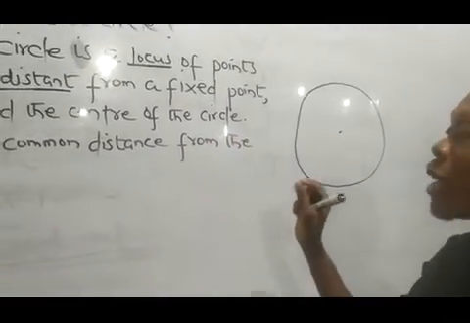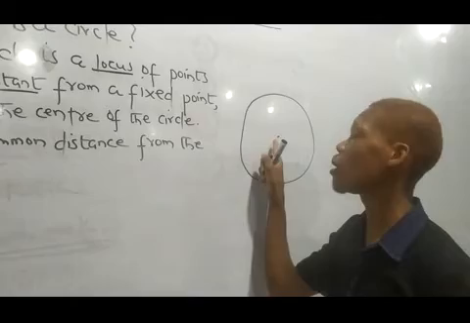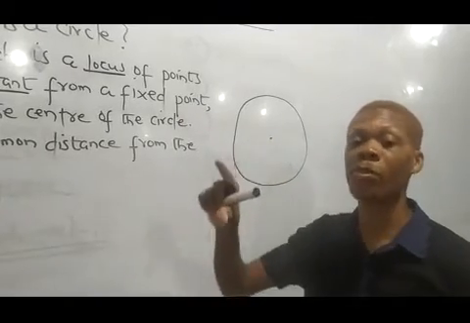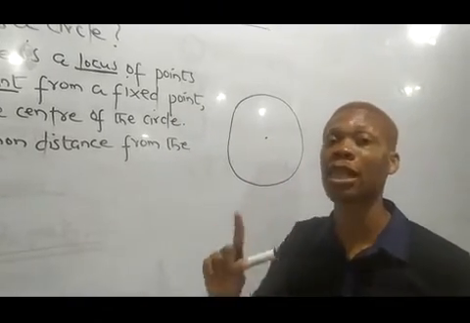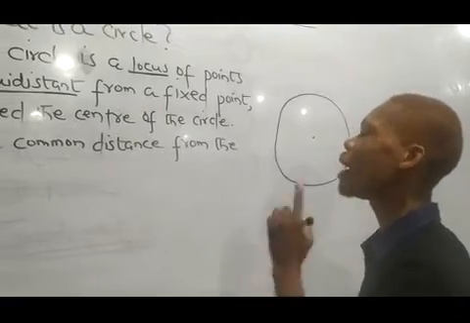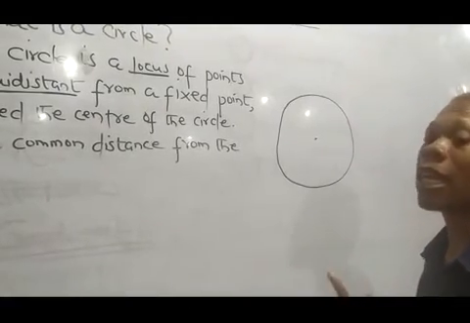Remember, I've already explained that the center is the fixed point where you stand, where you are going to put the tip of your compass. So a circle is defined by the center and the radius.